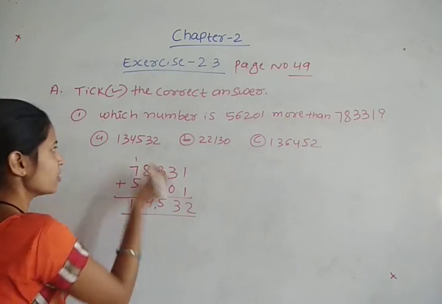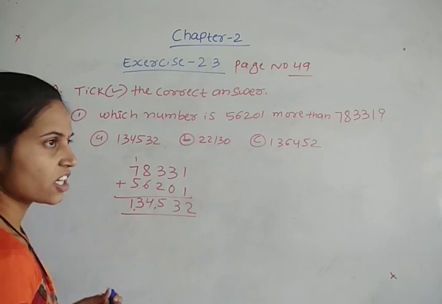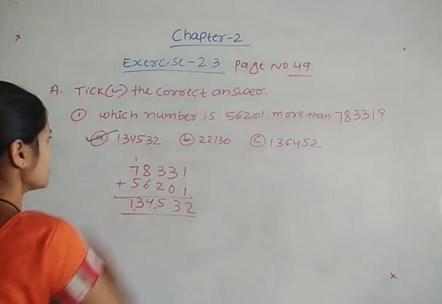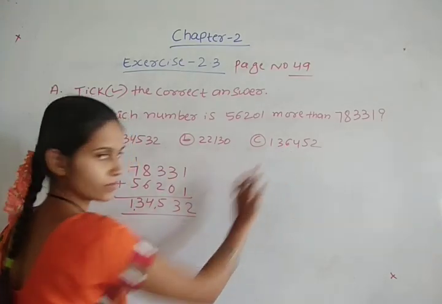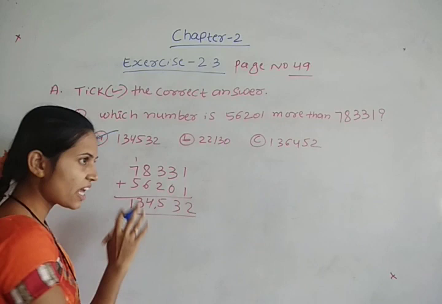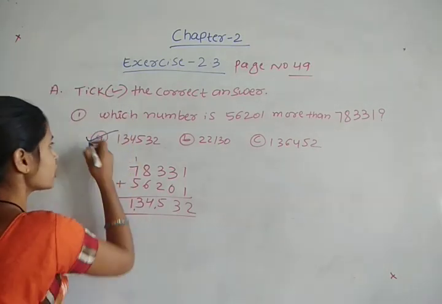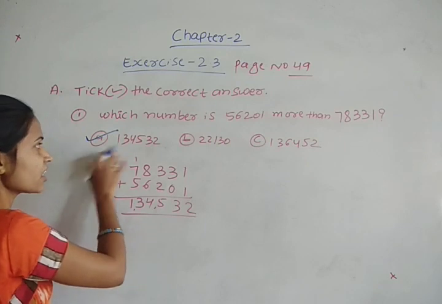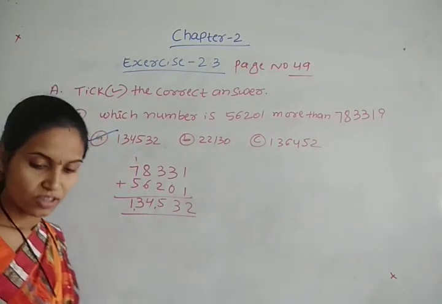So we can mark the first option as the correct one. The others are different. So that's why I will tick like this. It is the correct one. Okay, like this we should tick the correct answer.